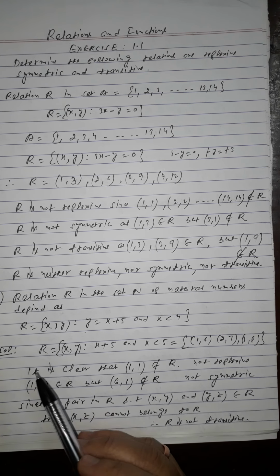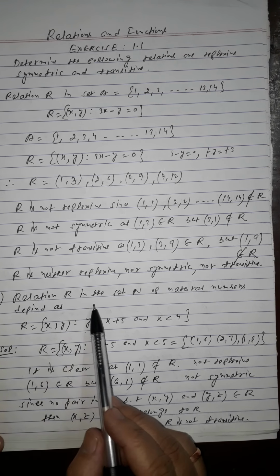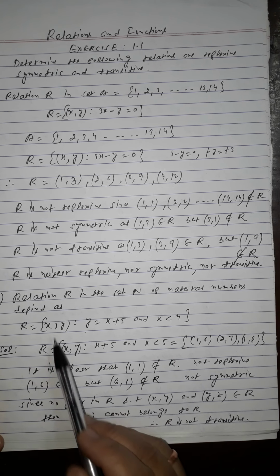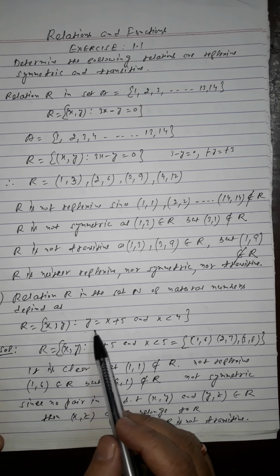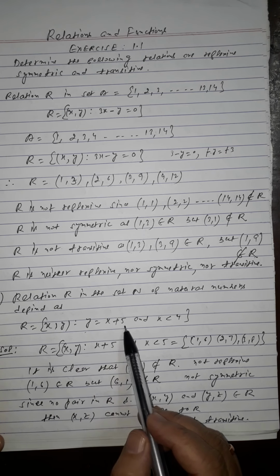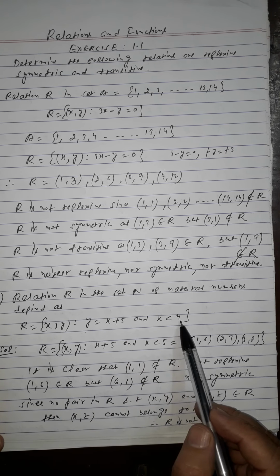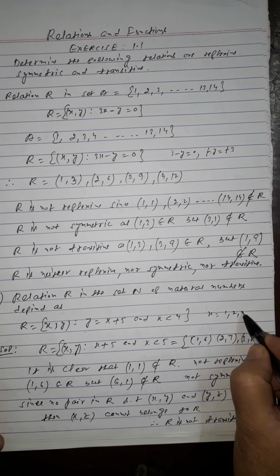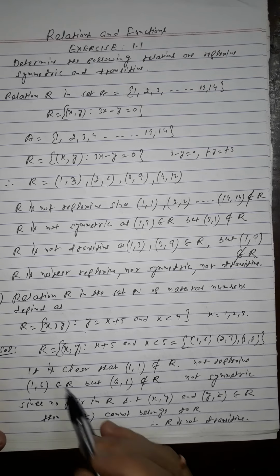Come to the second part, students. The relation R in the set N of natural numbers is defined as (x, y) such that y is equal to x plus 5 and x is less than 4, meaning the value of x we will take as 1, 2 and 3, students. Right?